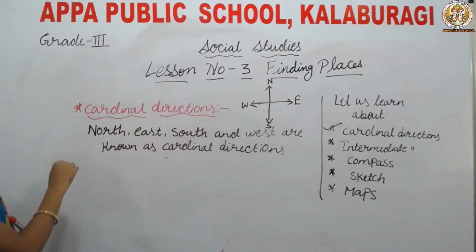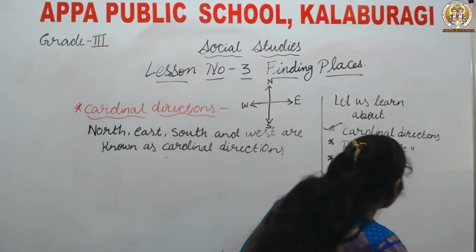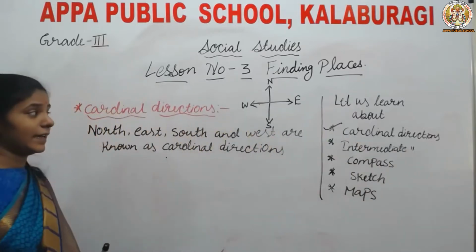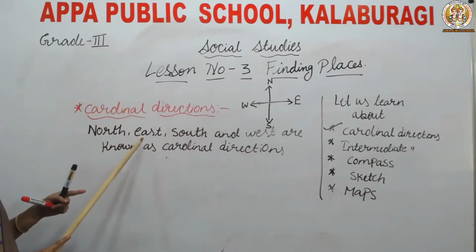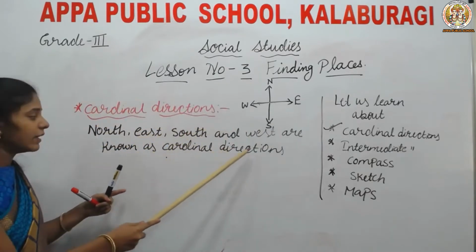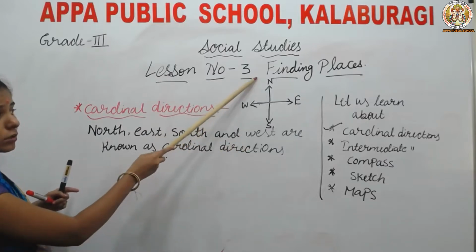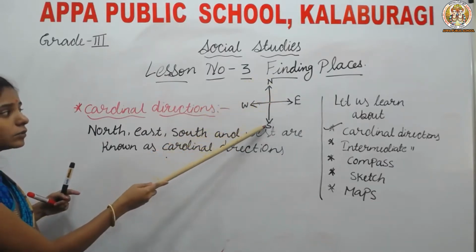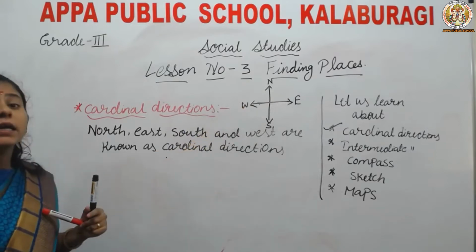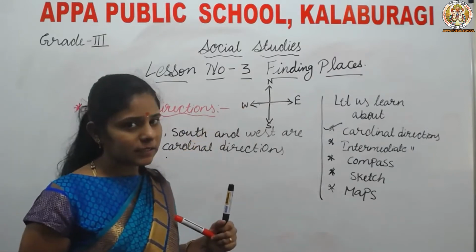What do you mean by cardinal direction? North, east, south, and west are known as the cardinal directions.